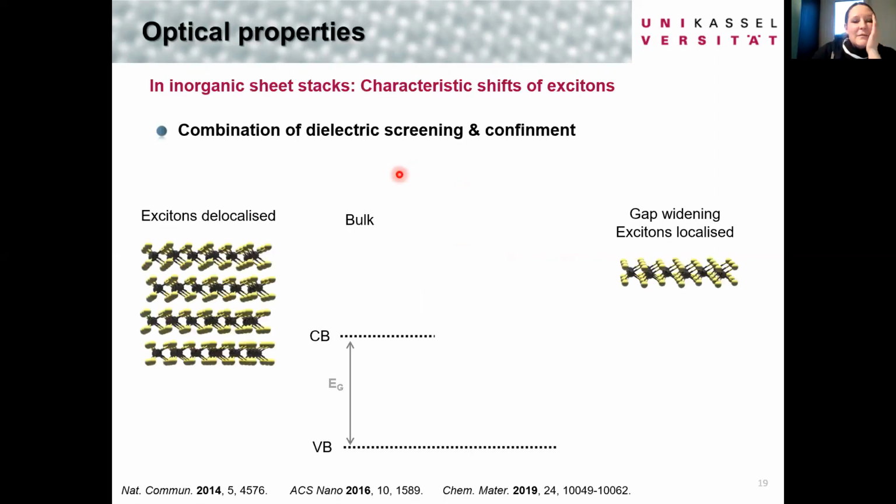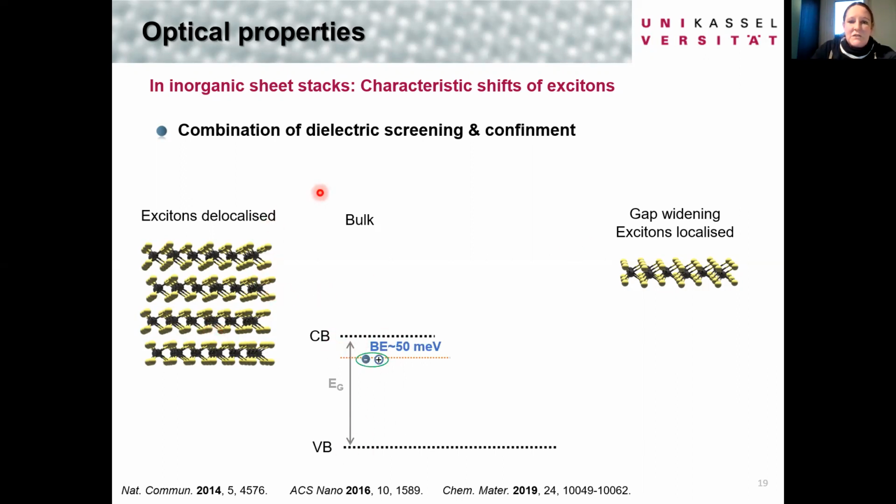And here, I actually just want to refer you to Alexei and remind you very briefly in a very crude way that a combination of dielectric screening and confinement effect changes the excitonic response in the transition metal dichalcogenides, for example. So in the bulk material, the excitons will be delocalized over the entire crystal, and we will have a relatively low binding energy.